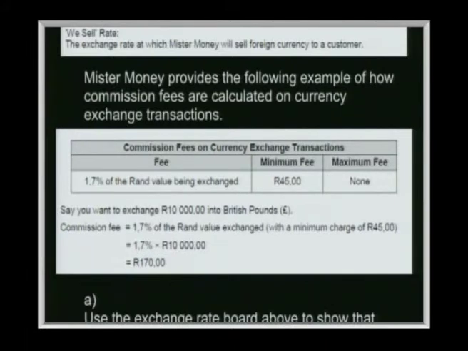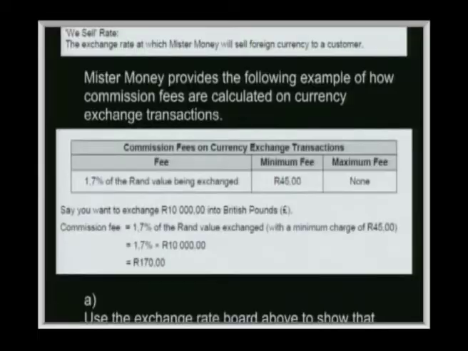They charge commission at 1.7% of the rand value being exchanged, but if you exchange a very small amount, 1.7% isn't going to be very much, so they have made sure that they get a minimum fee of 45 rand. So no matter the amount of money that you exchange, they will get at least 45 rand, and if you exchange a very large amount of money, it'll be a lot more because there's no maximum fee.